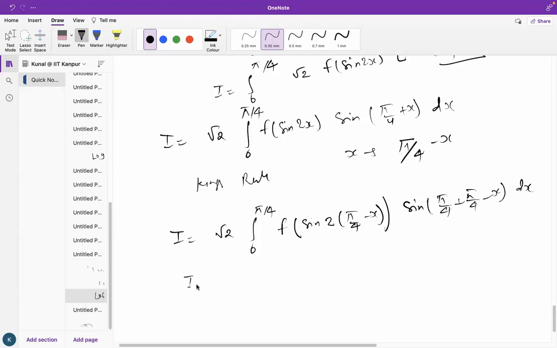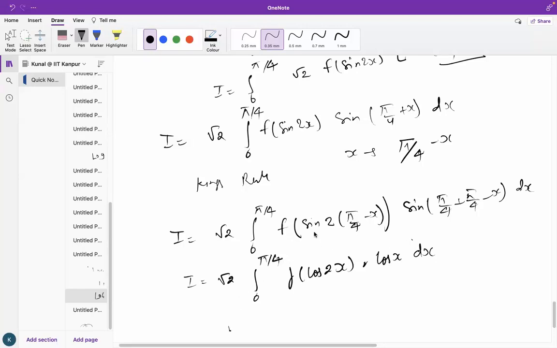So what I get here is I equal to root 2, integrating from 0 to pi by 4, and this term is converted into f of cos 2x times cos x dx. Right, and this is nothing but I.